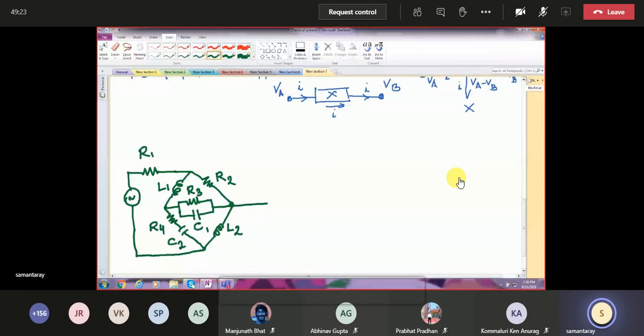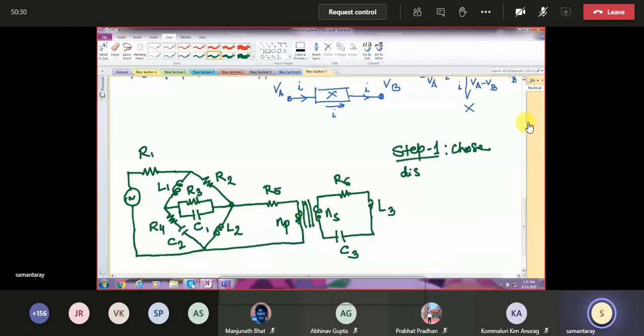So let's say this is R high, and there is some ideal transformer, with number of turns on the primary side and number of turns on the secondary side, and something arbitrary here.